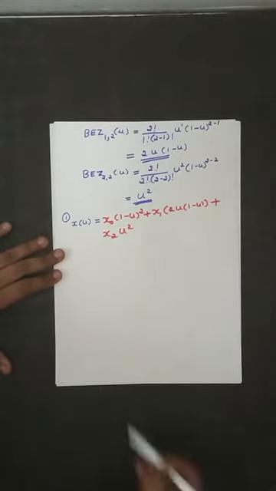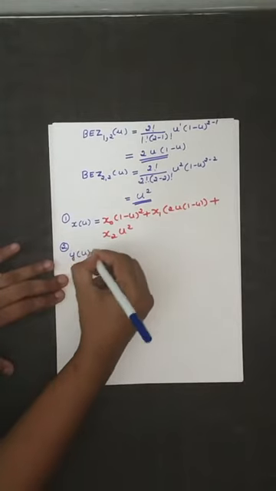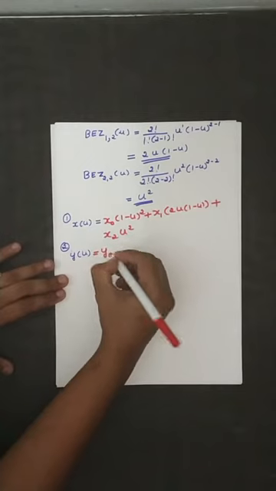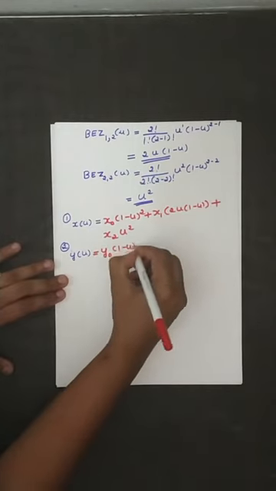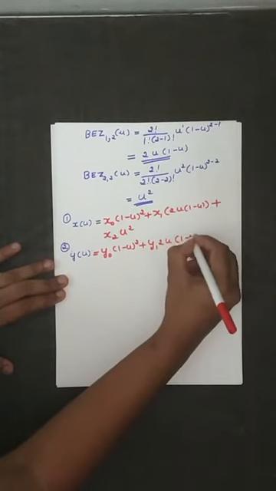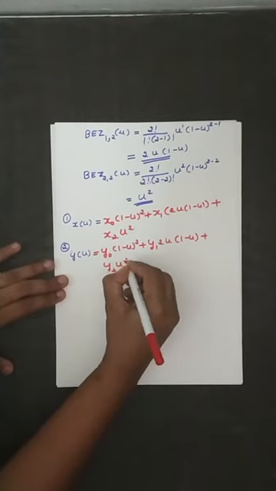Then the second equation, y of u, will similarly become y naught 1 minus u whole square, plus y1 2u 1 minus u, plus y2 u square.